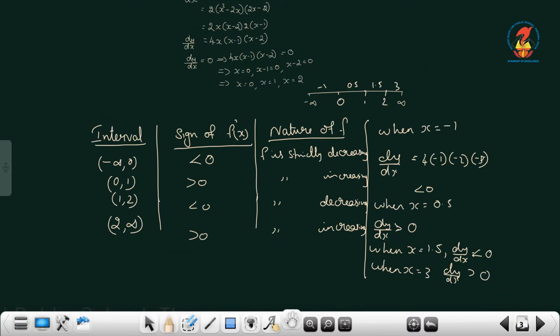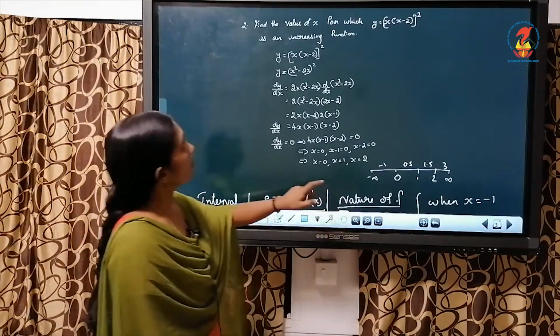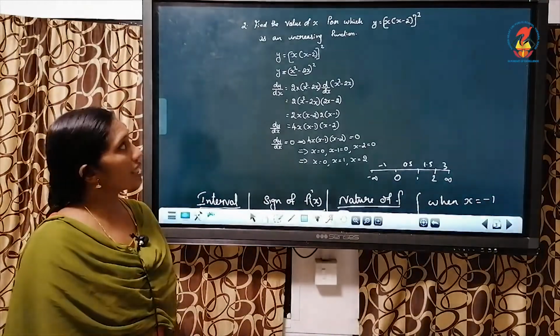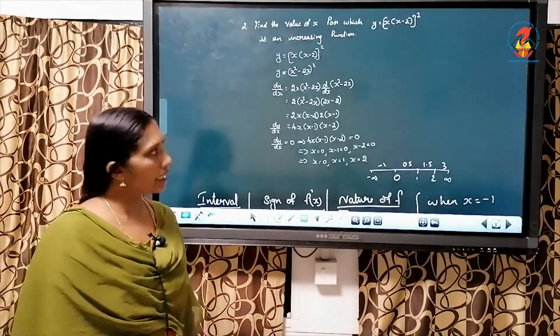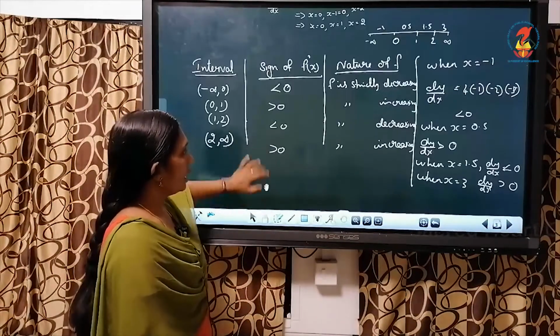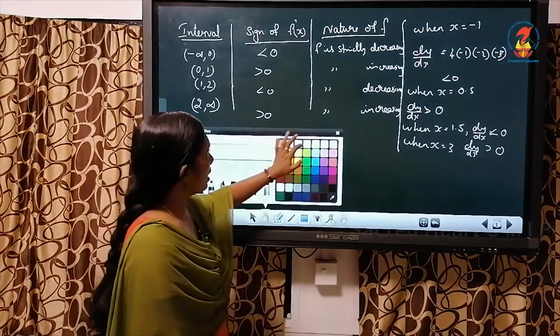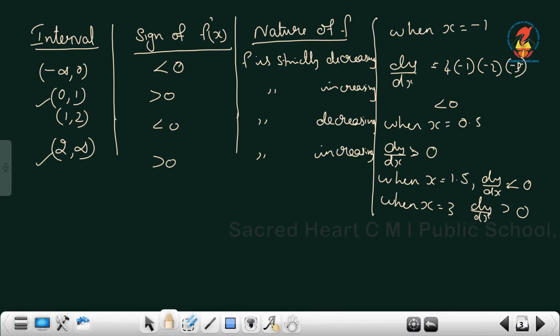So what is the question? The question is, find the values of x for which the function is an increasing function, not strictly increasing. So that only you have to write. In which intervals is the function increasing? In 0 to 1 and 2 to infinity.